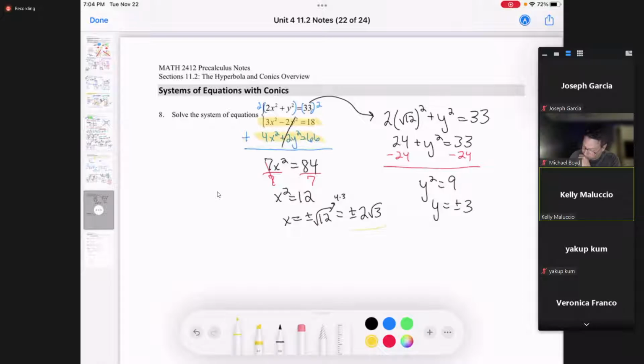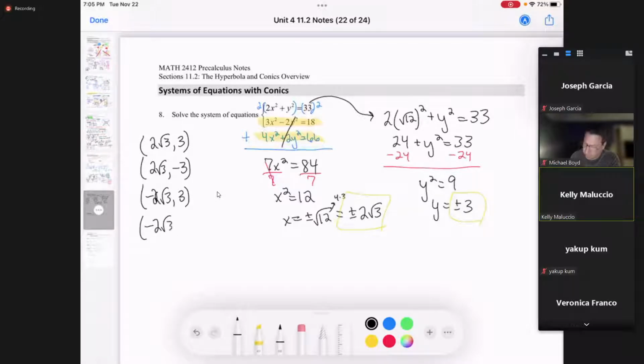So then we get, this is our x, this is our y. And so our solution here is a system. It's a lot of solutions. It's 2 root 3, comma 3, 2 root 3, comma negative 3, and negative 2 root 3, 3, negative 2 root 3, negative 3, right?